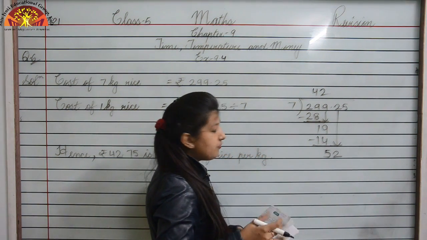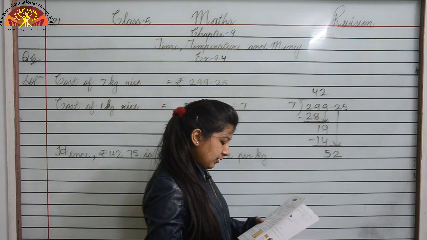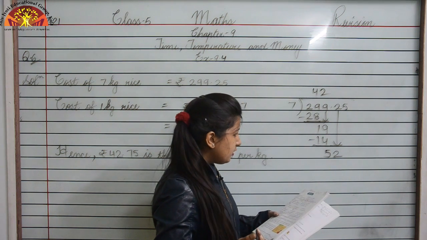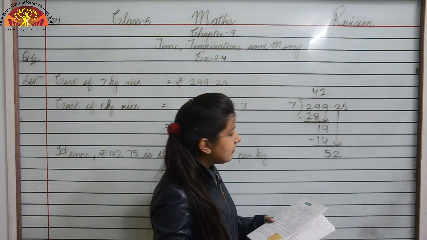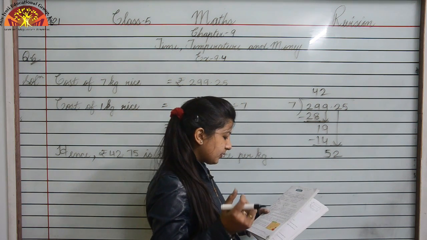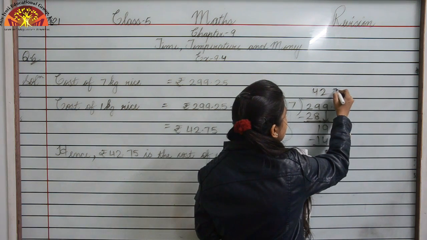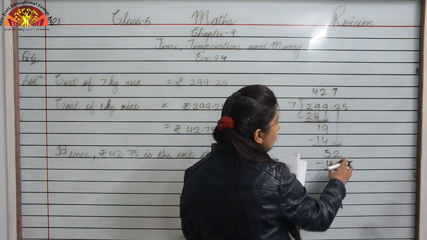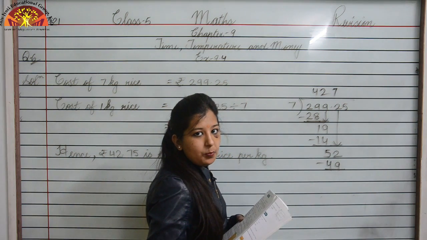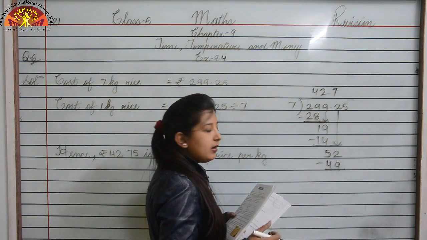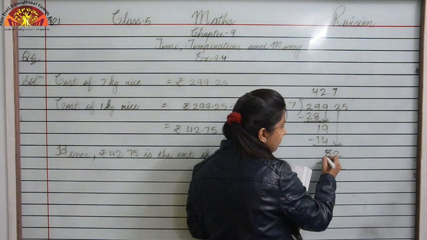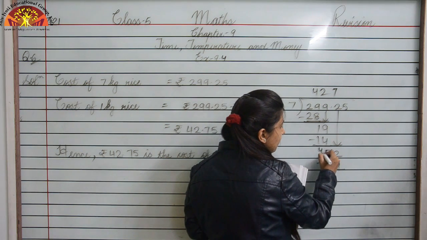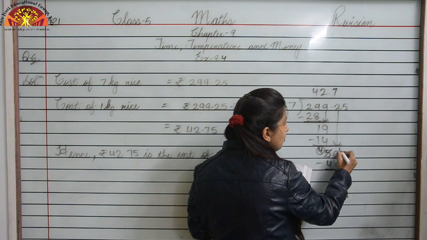Students, again 52 does not come in 7's table, so we will take the just smaller number than 52. So what will we write here? We will write 7 7s are 49. Now here you can see 2 minus 9 is not possible, so we will borrow 1 from it, so 5 becomes 4 and 2 becomes 12.